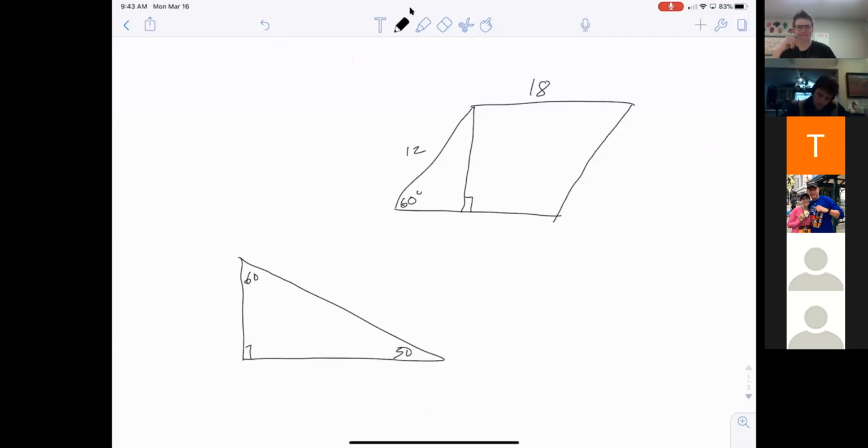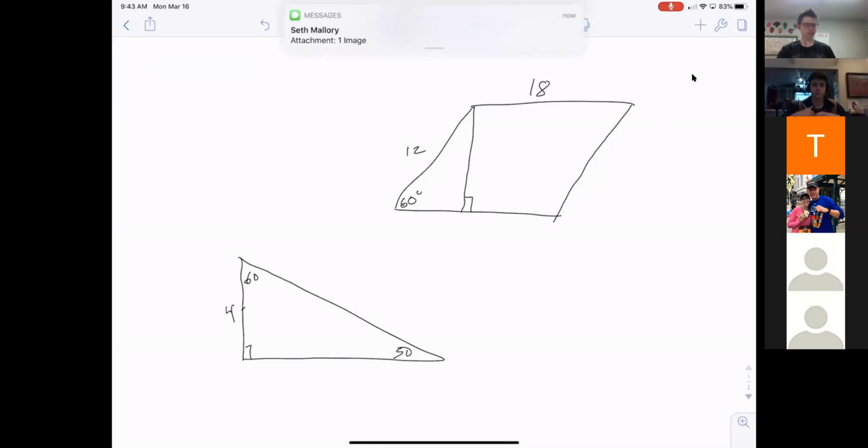All right. So how do I find the lengths of this special triangle? Well, if they told me the length of the side opposite the 30-degree angle, I won't make it X. Let's make it easy. Let's say that was 4. If they just told me that, I could find the other sides.